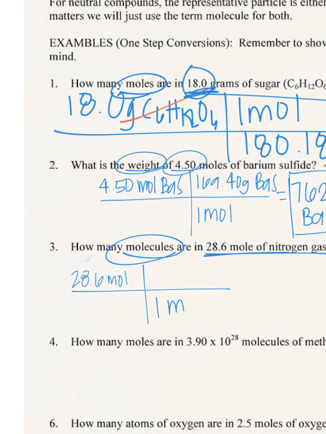In 1 mole, oh wait, no, we're not doing mass, we're doing molecules, sorry. 6.02 times 10 to the 23rd molecules of N2.